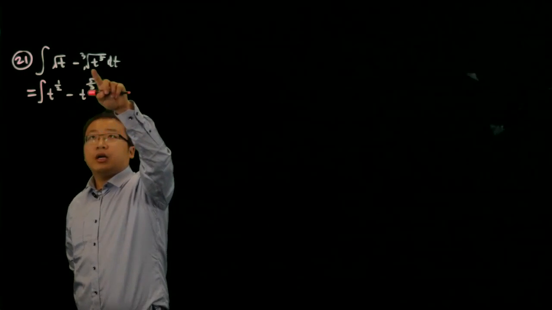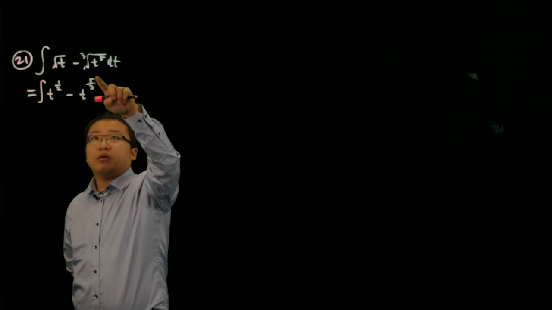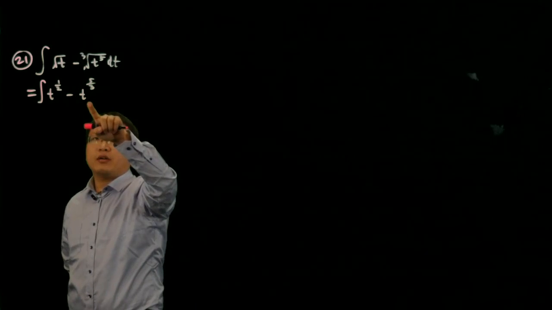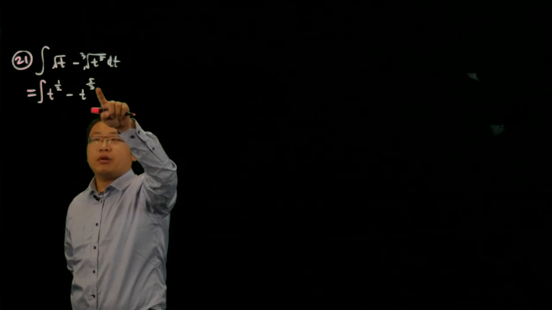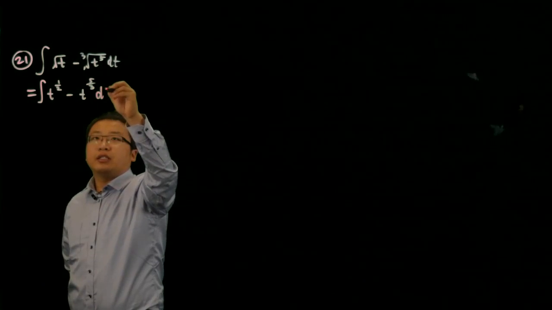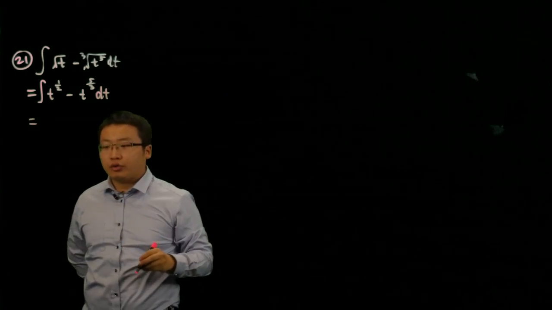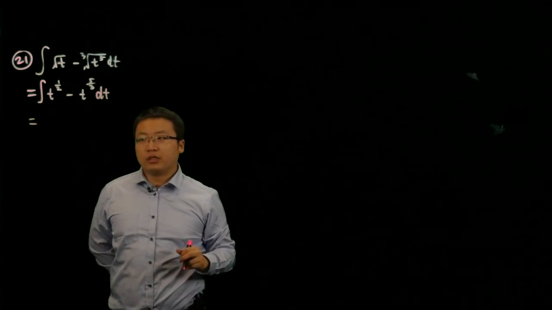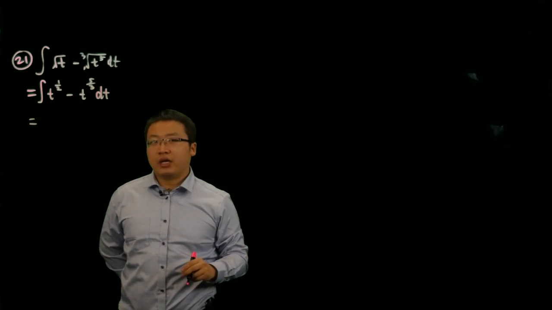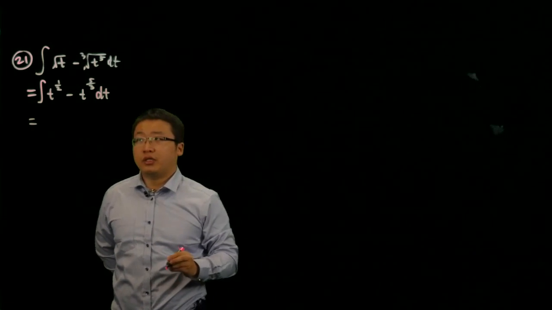But now, the rule is that the inside of the power goes to the top and the outside of the power goes to the bottom. Therefore, the second one is t to the power 5 over 3. This one is t to the power 1 over 2, dt. Then you can use the power rule: your exponent increases by 1, and you put 1 over the new exponent in front.